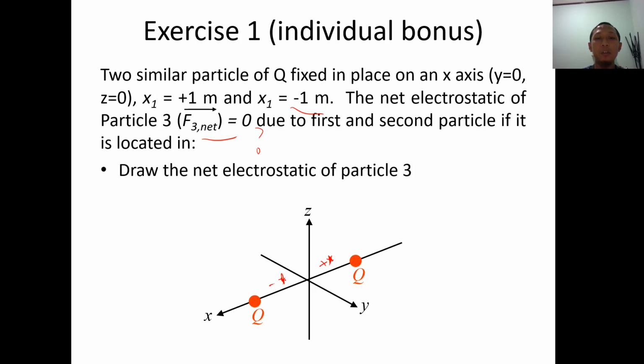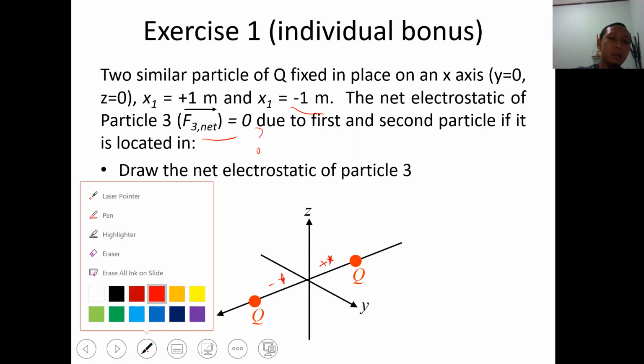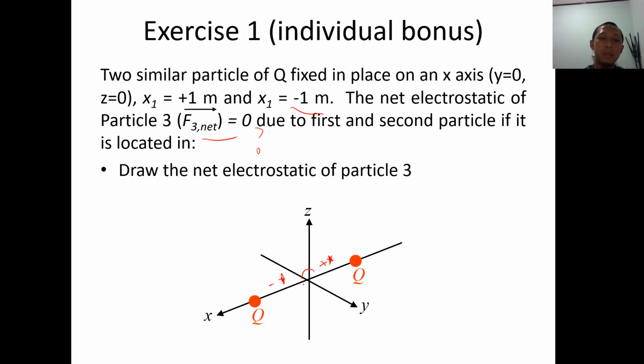The first thing, we have to draw the net electrostatic force on particle 3. Like I put it in the center, in the middle of these particles, like this one. So this is particle 3, with a similar charge. It means that we have Q1 and Q2.